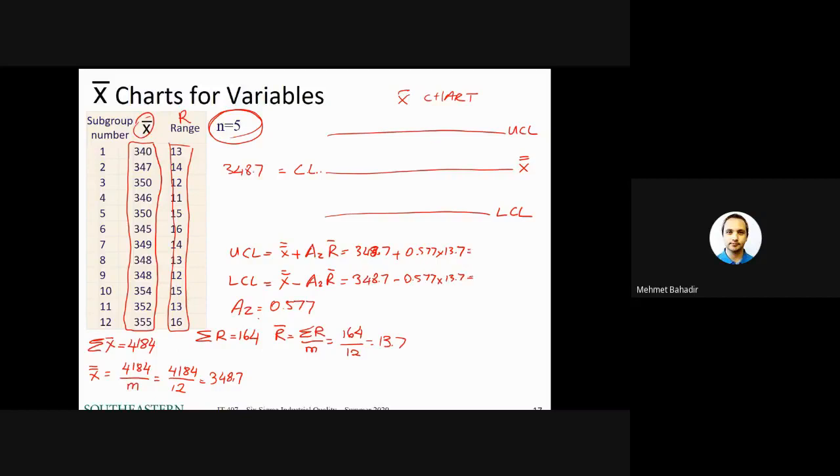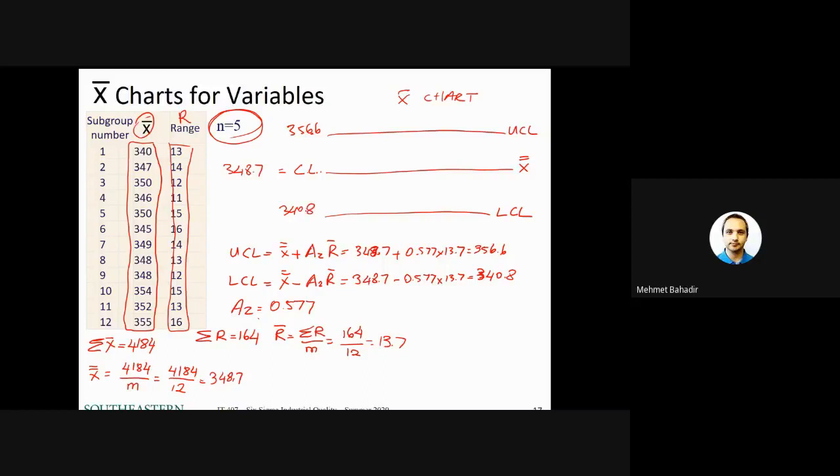And these values are 356.6 and 340.8. So our upper control limit is 356.6 here. Lower control limit is 340.8.